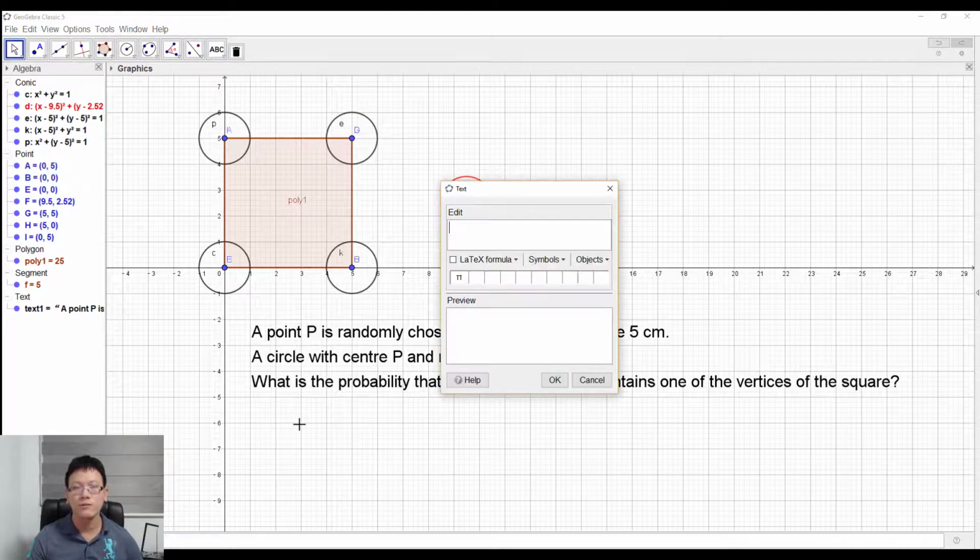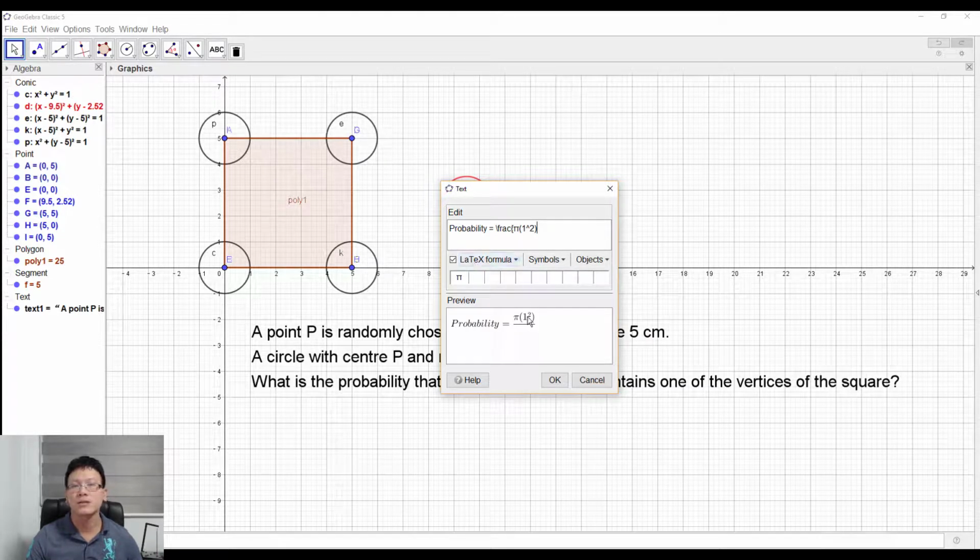So the solution would be: probability is equal to pi times 1 squared. Why is the numerator pi times 1 squared?